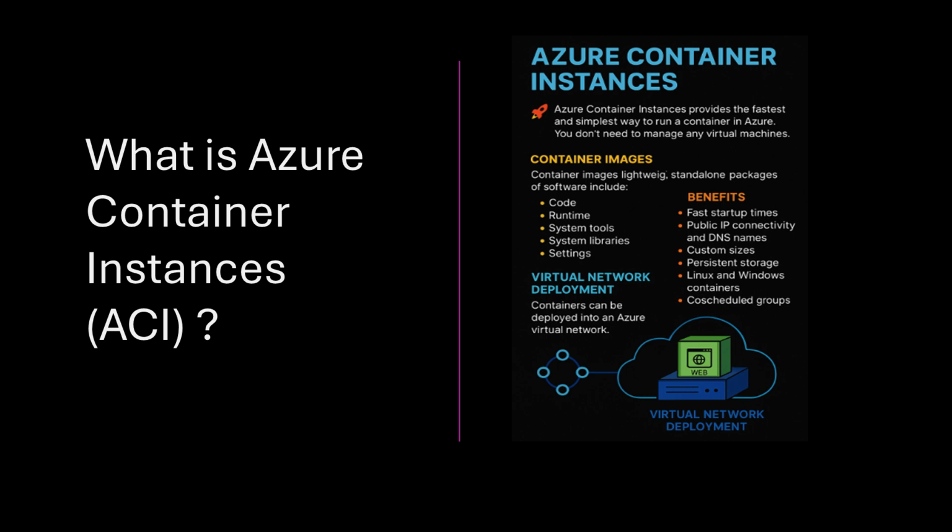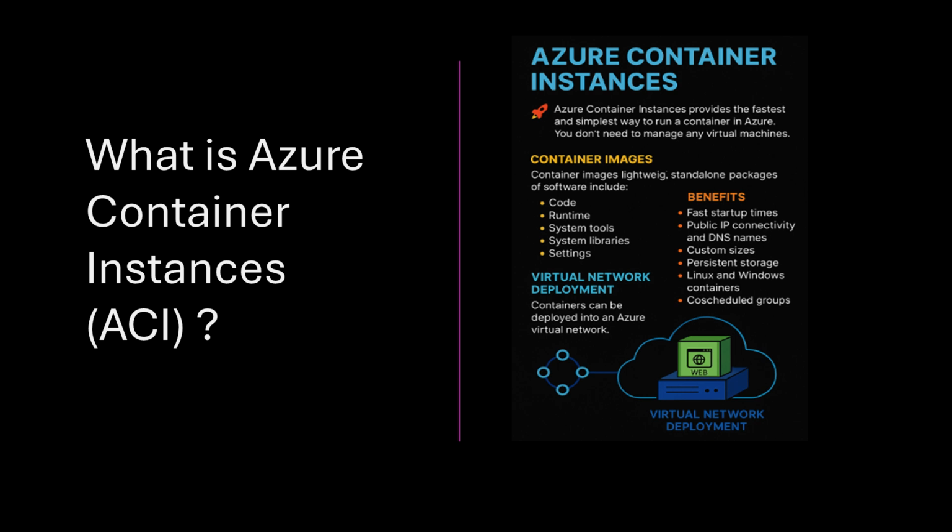You can even run multiple containers side by side in a single container group, allowing them to share resources and communicate through localhost, which is great for multi-tier or composite applications. And if your app needs to stay secure and connect privately with other Azure services, you can deploy your containers into an Azure virtual network, giving you both isolation and controlled access.